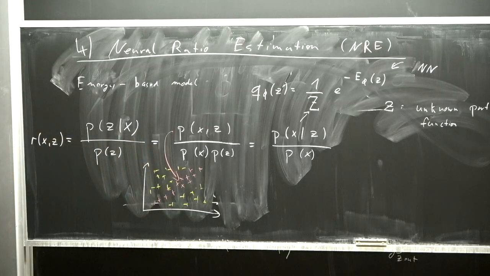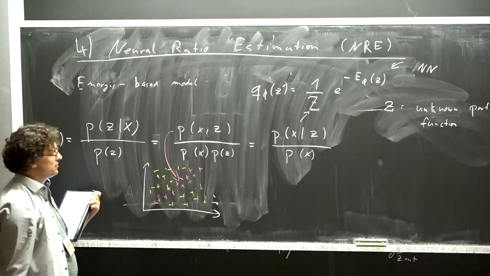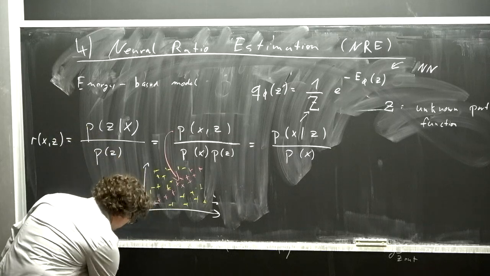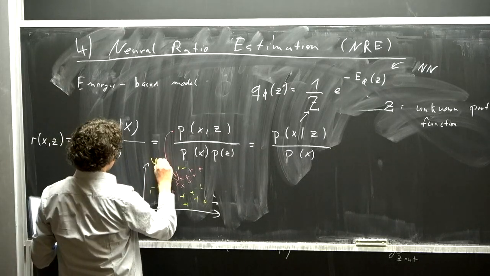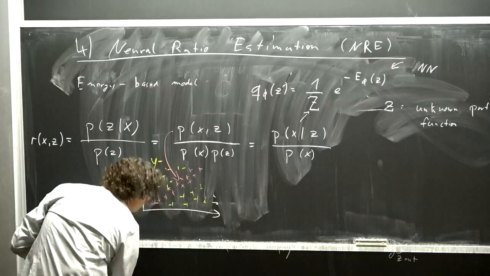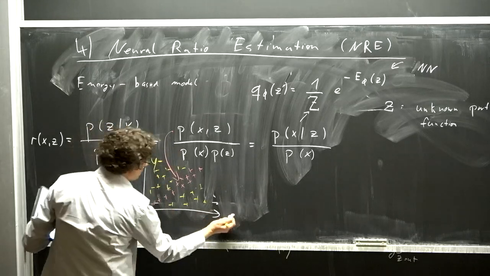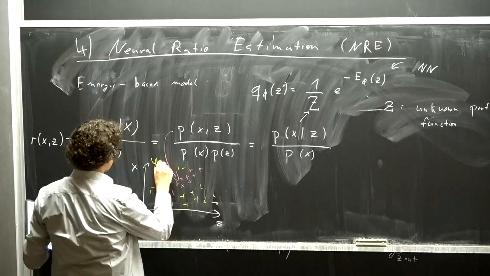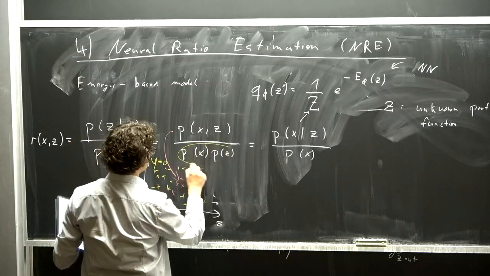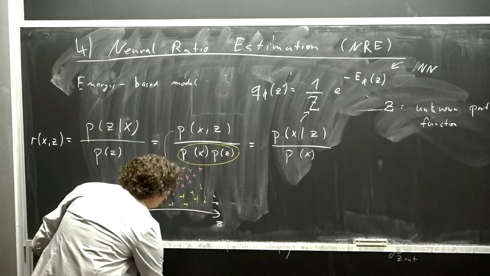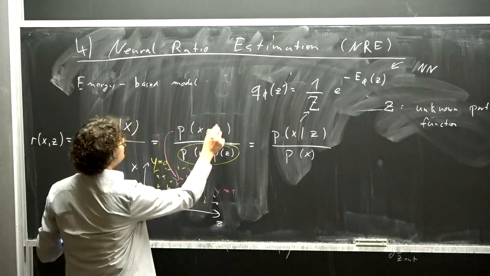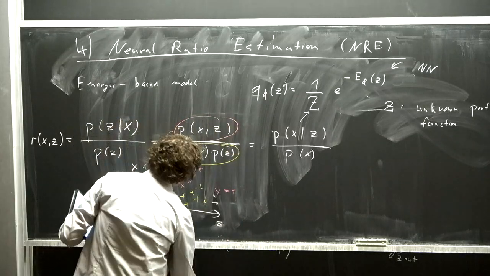And now what we want to do is to train a neural net to solve a binary classification task, telling us whether, when we look at some point here in this parameter space, this here is z, this here is x, this belongs to class equals 0, so this would be the marginal distribution, or to class equals 1, which would be the joint distribution.